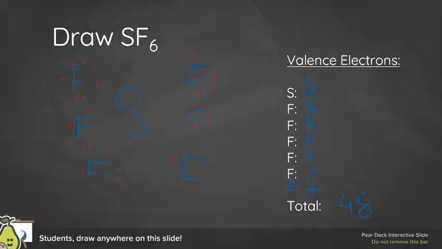So then we add sulfur's 6 valence electrons, and we're going to create those bonds between sulfur and fluorine. So it kind of looks like this. I'm drawing a little awkwardly. We'll see a better picture on the next slide.